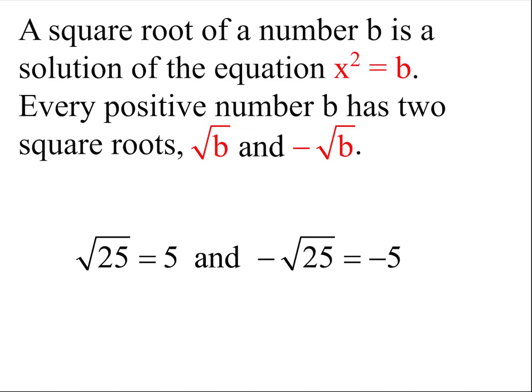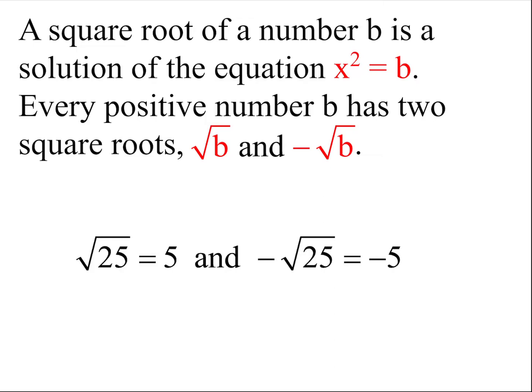The way you can think about that is, think about the square root of 16. It's 4 or negative 4. Why? Because 4 squared is 16, but also negative 4 squared is 16. So whenever we're doing square roots, we have to take that idea in mind.